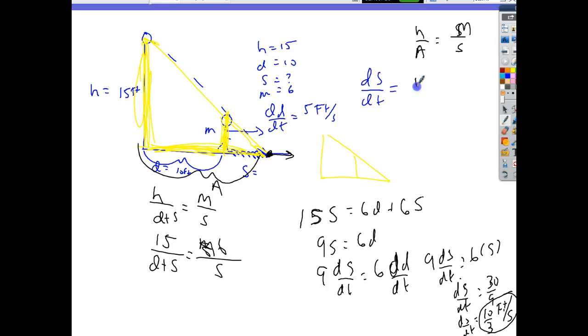Now H is not changing, so that's 15 over A, which is changing. That's what I'm looking for, right? It's equal to the height of the man, which is still 6, over S, which is changing. So that gives me 15 S's is equal to 6 A's.